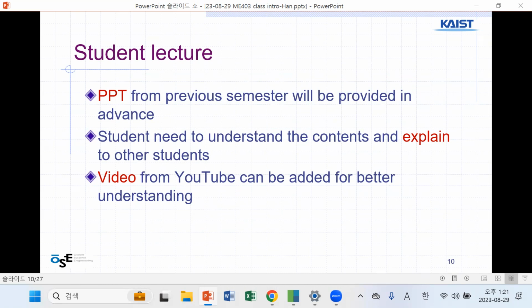And then you can study and then improve and explain to your friends. And I recommend to find out a good video around your subject area and show it to students, which helps understanding the topic.